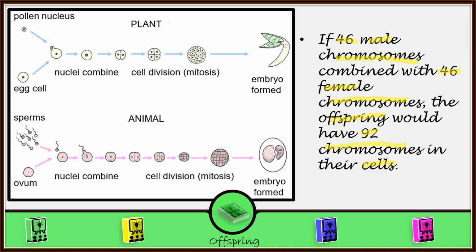If we have the sperm coming from the male and the ovum coming from the female, and this one has got 46, and this one also has got 46, then the cell that we are going to form, the zygote or the embryo of the offspring, will have 92 chromosomes in each cell. That is going to be the problem.